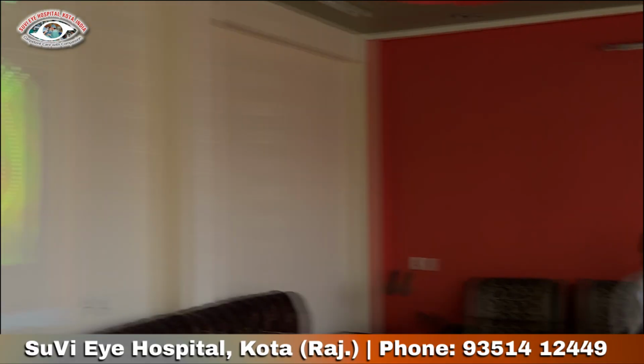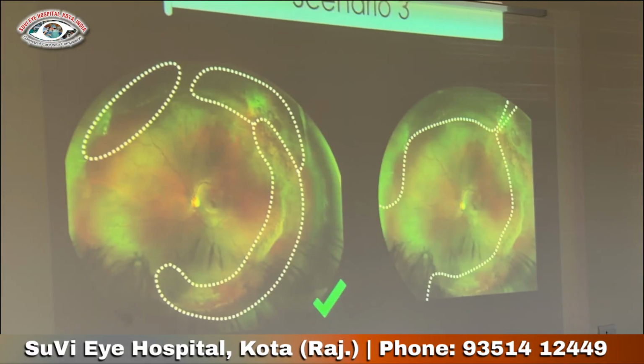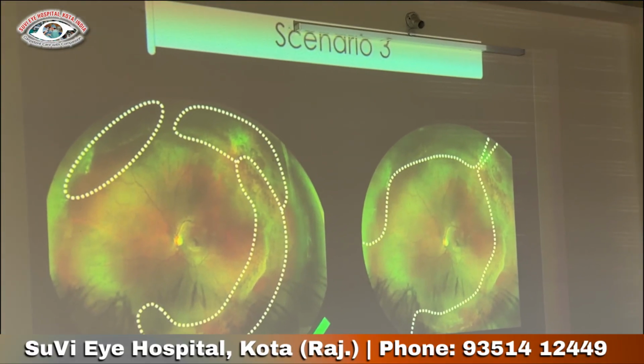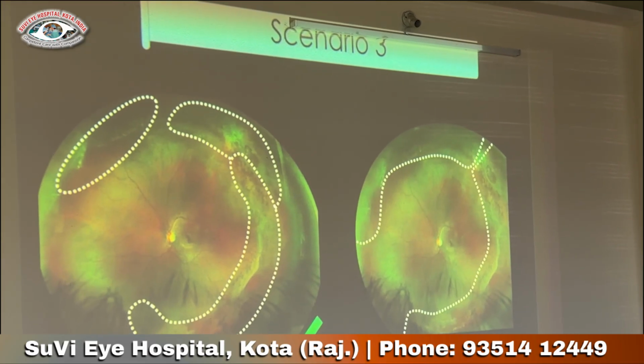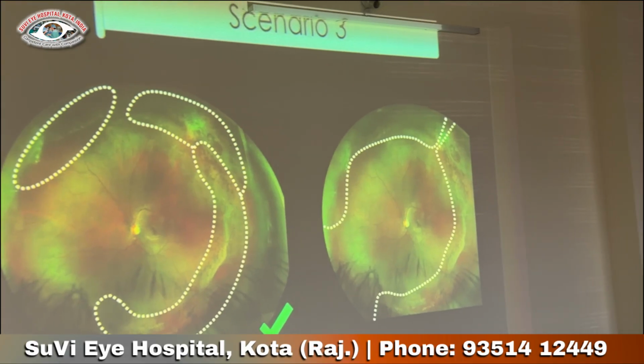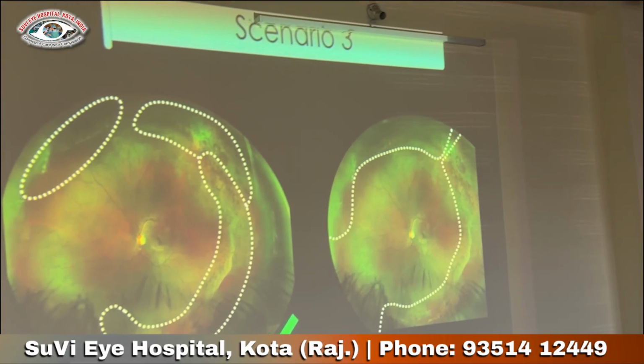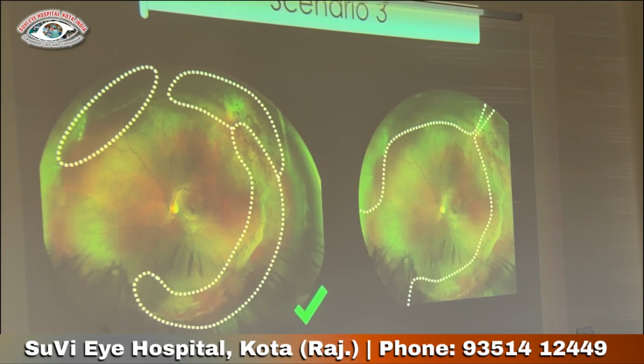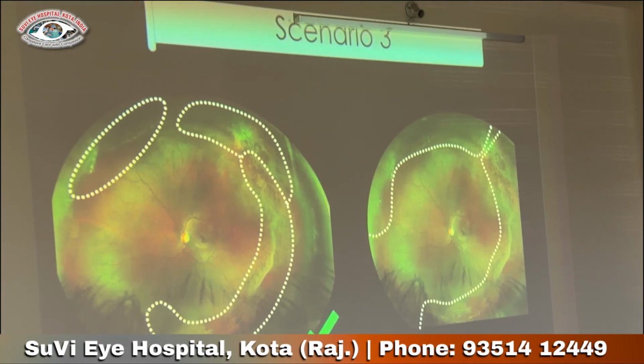Sometimes in case of Stickler syndrome, a 360-degree circumferential laser is done. So that is also there. But this is the better way. You can do a 360-degree also, but then you need to connect to the ora. This is the better way if you can do the individual covering.